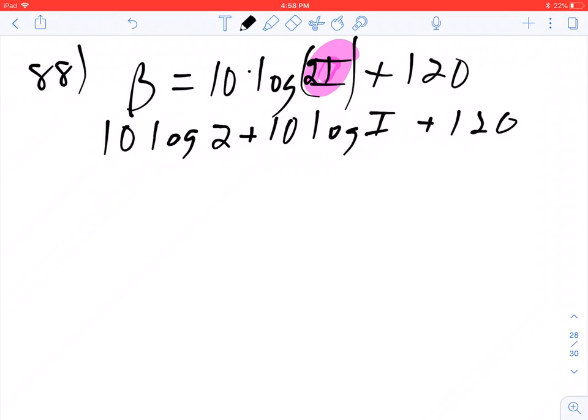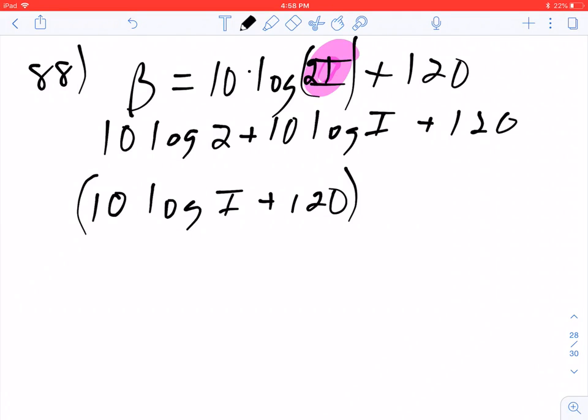So it's going to become 10 log I plus 120. So that's the original part of the formula. And then we have this plus 10 log 2. Now, this part is the extra.